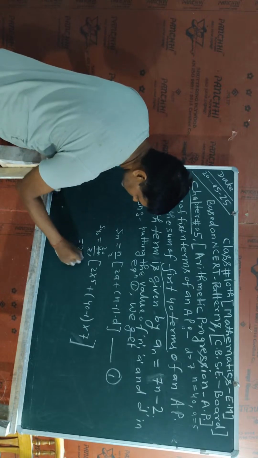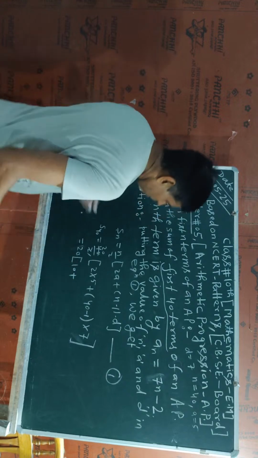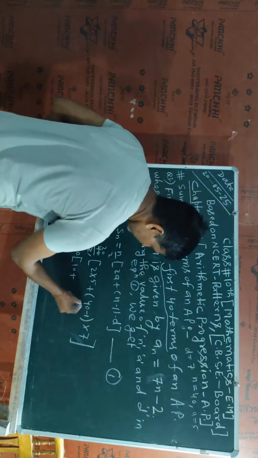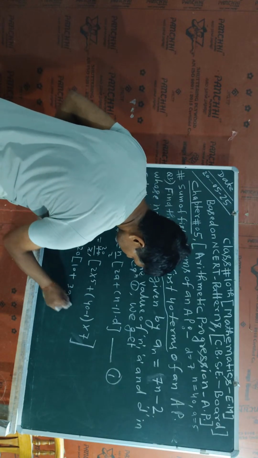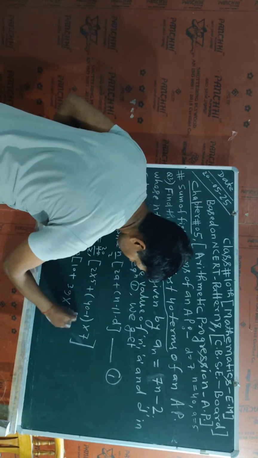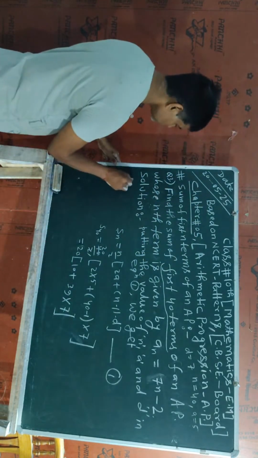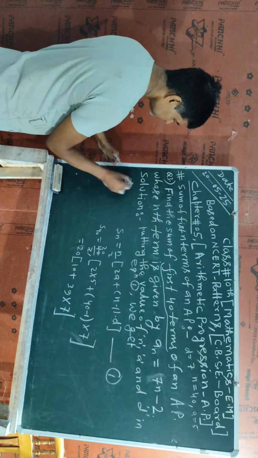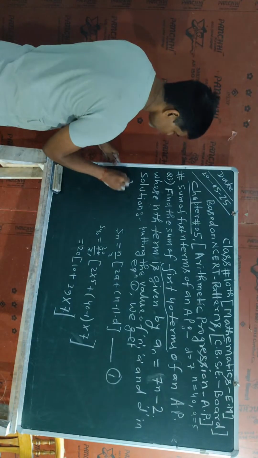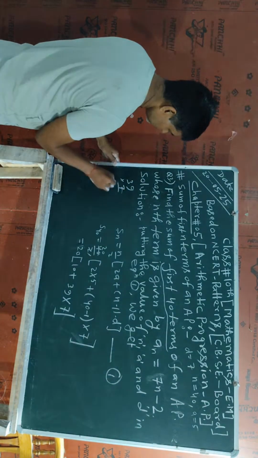So 20 in the bracket, 2 into 5 is 10, and 40 minus 1 will be 39 into 7. Okay, students, further I will simplify it. So first I am going to simplify 39 into 7, so I will multiply here.